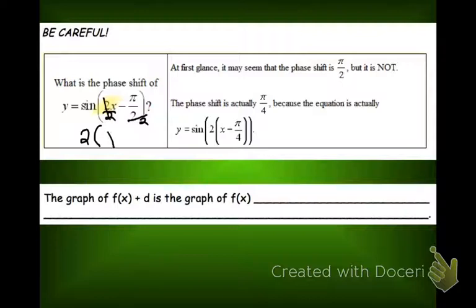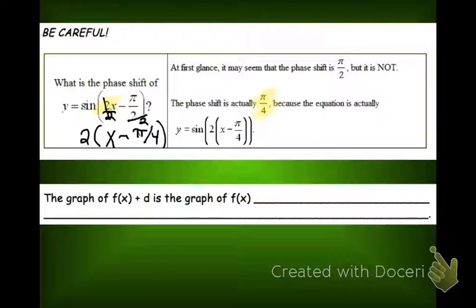So I'll now have x minus, well, pi over 2 divided by 2 is pi over 4, which is where it comes from over here. It says this is actually 2 parentheses x minus pi over 4 because you have to factor out your 2 on this side.